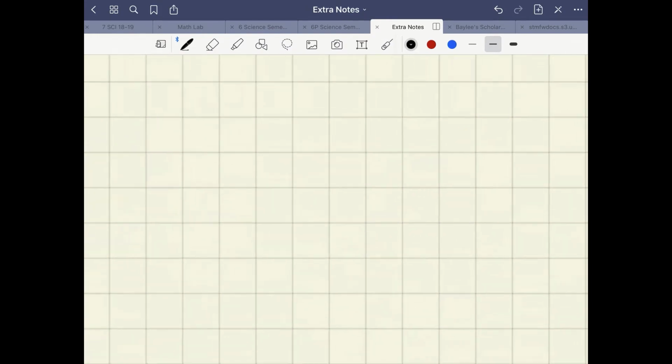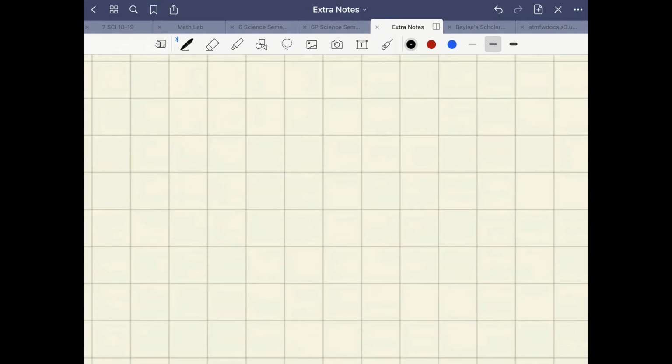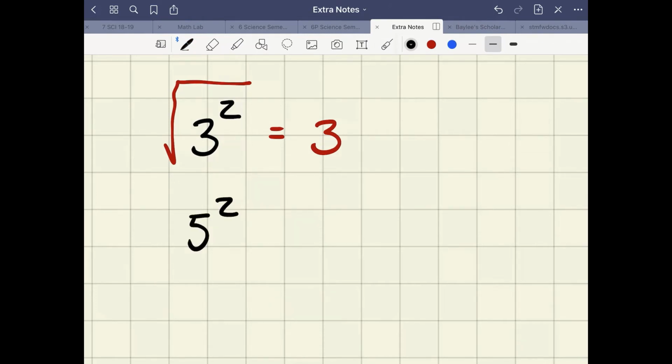Let's do a quick aside off to the side here, just so that we can drive home a couple of the key ideas and skills that I just showed you. First of all, if you have 3 squared, and you take the square root of it, that will equal 3. If you take 5 squared, and you take the square root of that, that will equal 5.